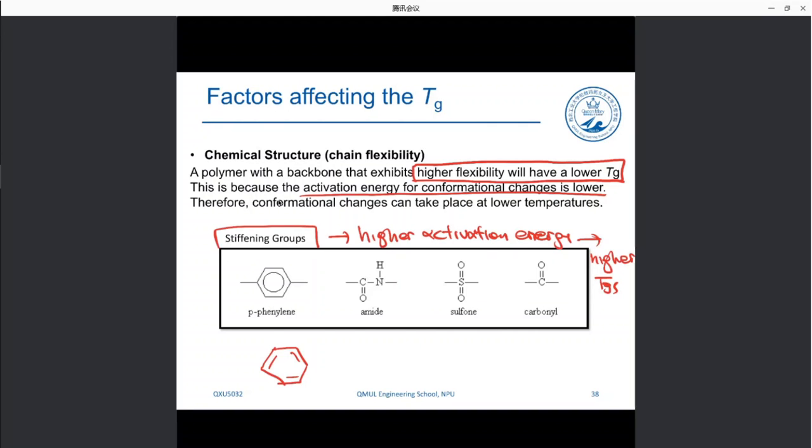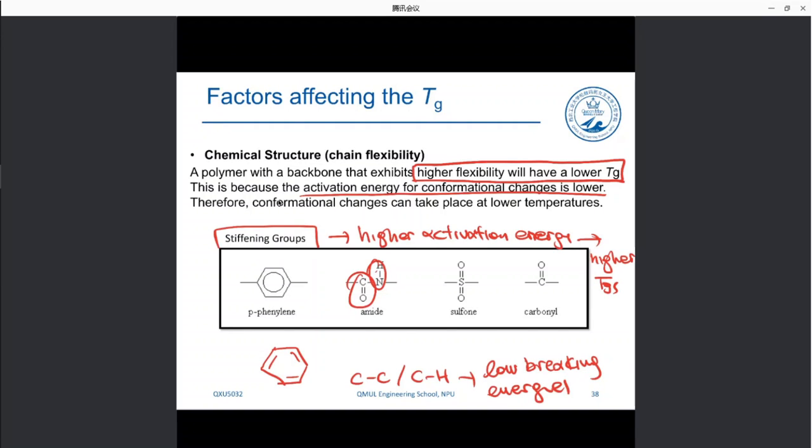The same applies for carbonyl groups or amide groups, which are much stiffer and stronger in terms of bond energies compared to normal carbon-carbon or carbon-hydrogen bonds, which have low breaking energies.